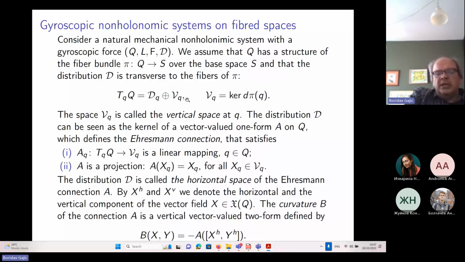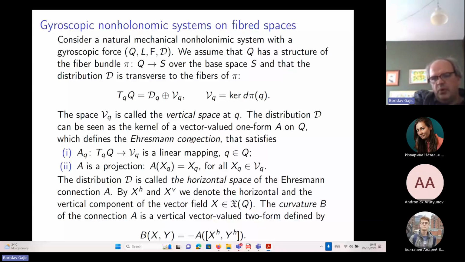It is known in differential geometry that when we have this fiber bundle structure, the choice of horizontal space simply means here that the choice of distribution gives us a connection on the fiber bundle. We call a one-form A on Q an Ehresmann connection if it is a linear mapping on any tangent space and a projection onto the vertical space.